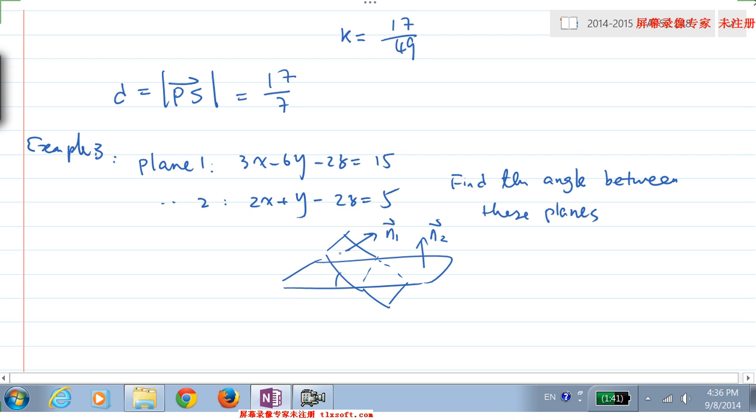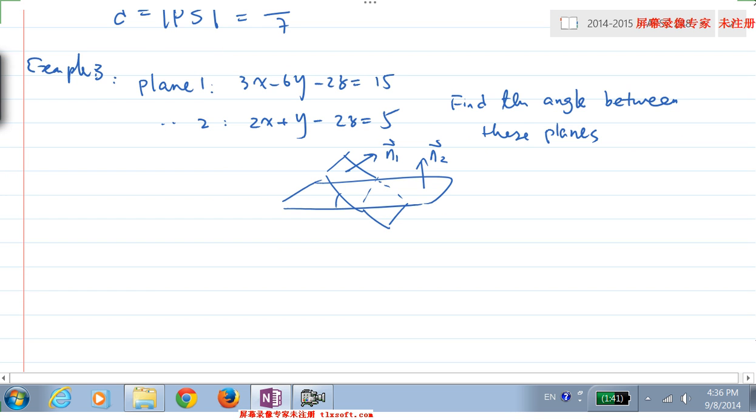So if you remember, when you do the dot product, there is a formula, which is this.